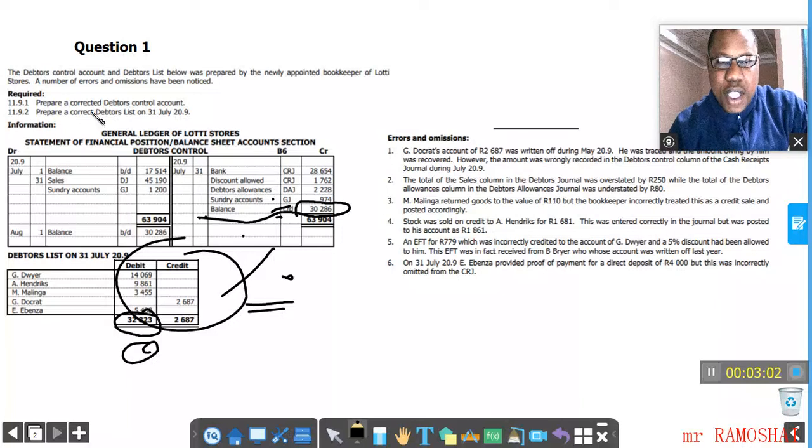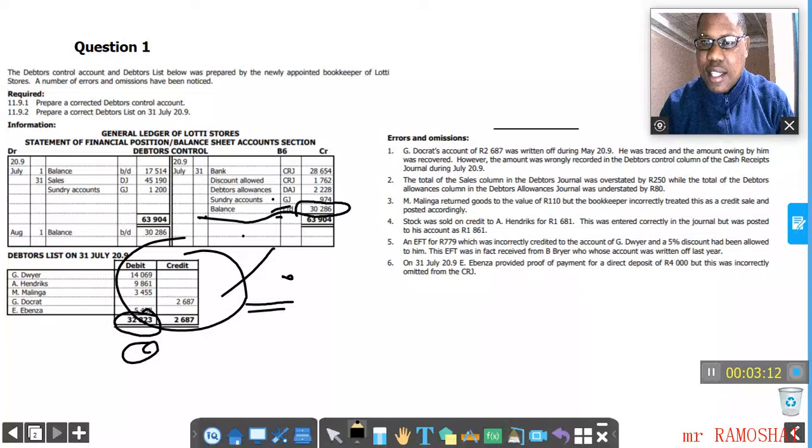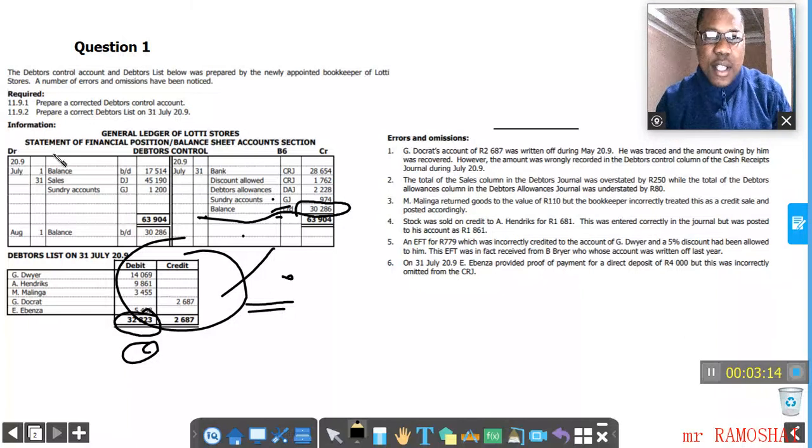If we check, our questions are saying prepare the corrected debtors control account, and the second question says prepare the correct debtors list. So guys, when you see a question like this, this is how you're going to approach it. Do you see these two questions?